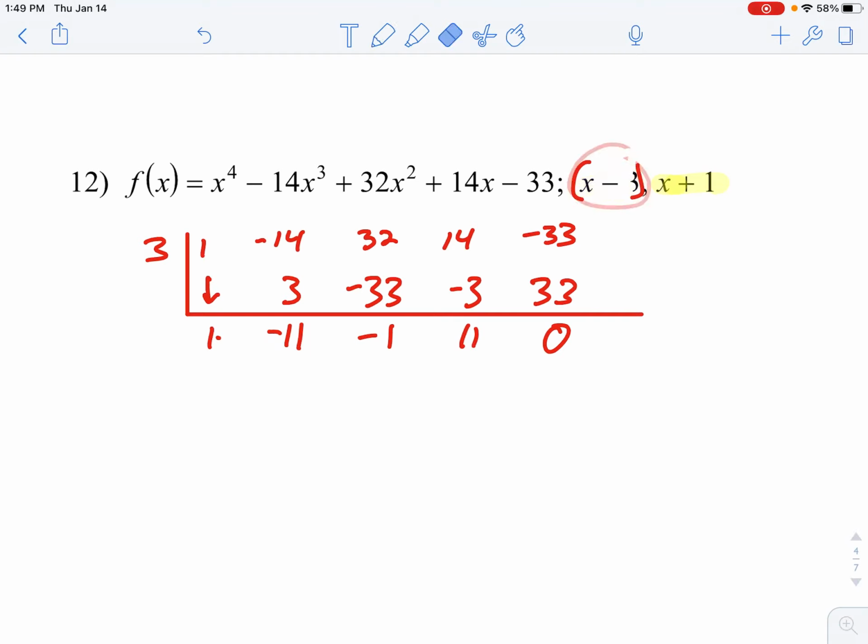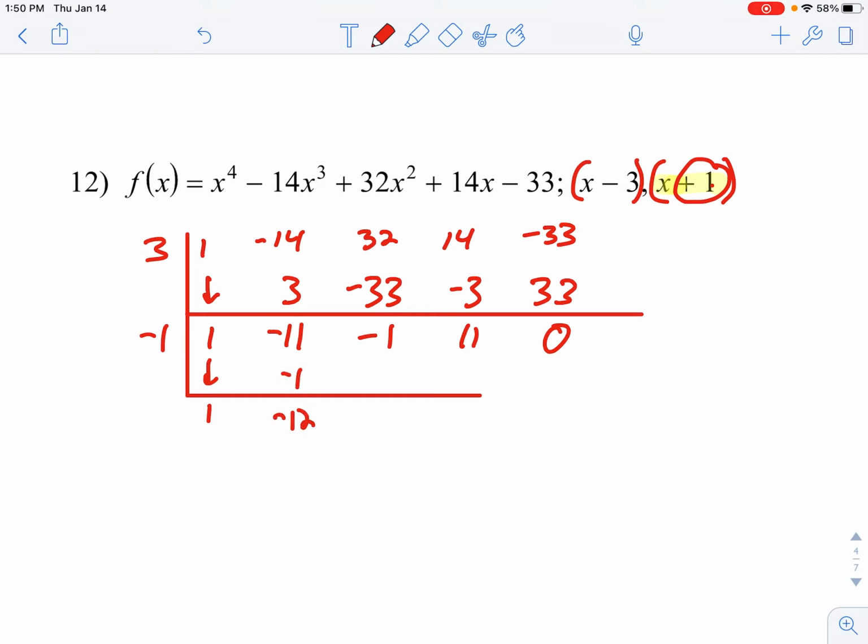But now what I'm going to do is take the answer I just got and do a second synthetic division on the second factor, x plus 1. Again, use the opposite of this number, minus 1, and repeat the whole process. Okay, bring this down. Negative 1 times 1 is negative 1.